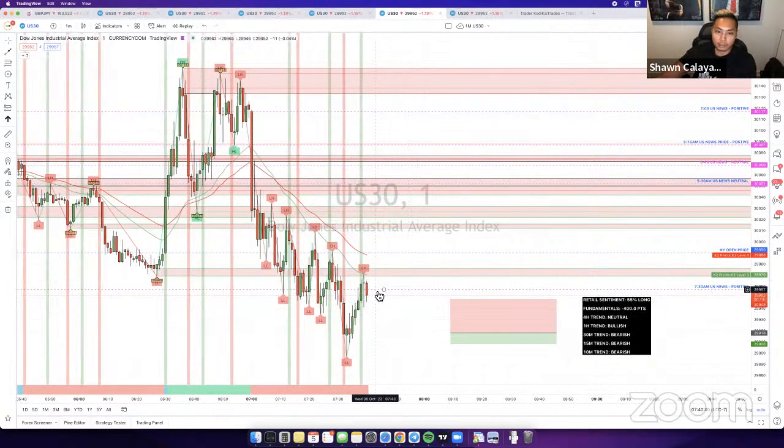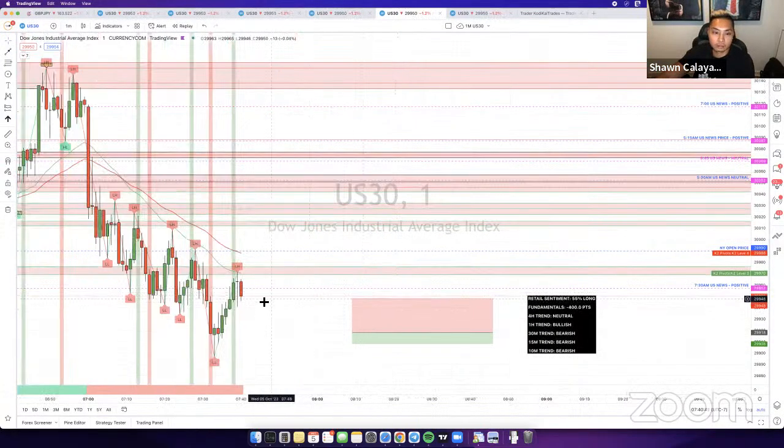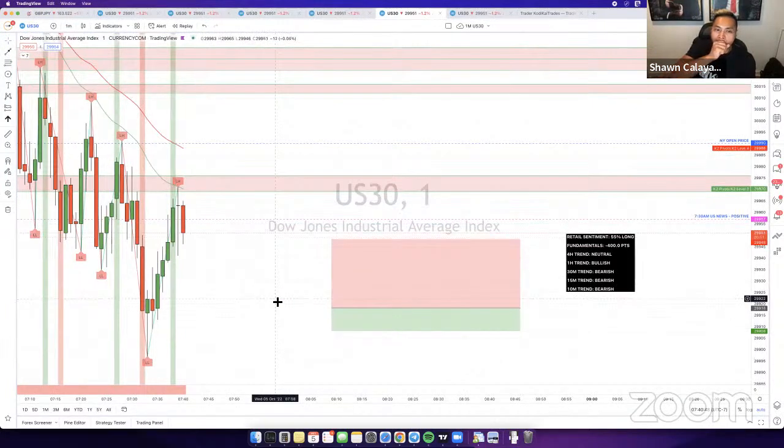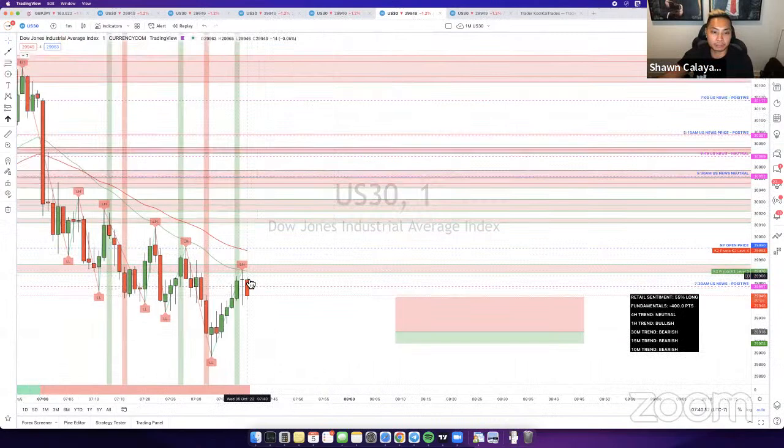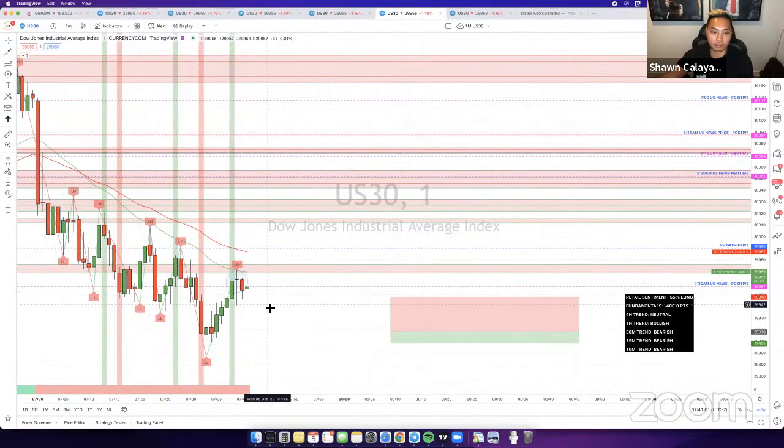Unfortunately, price is right at the news price, so even if we were to get something here, we wouldn't be able to take it. This looks like it could have been a V1 double body. We just can't tell what this high with this candle was. Either way, we couldn't take it, it's right at news price.